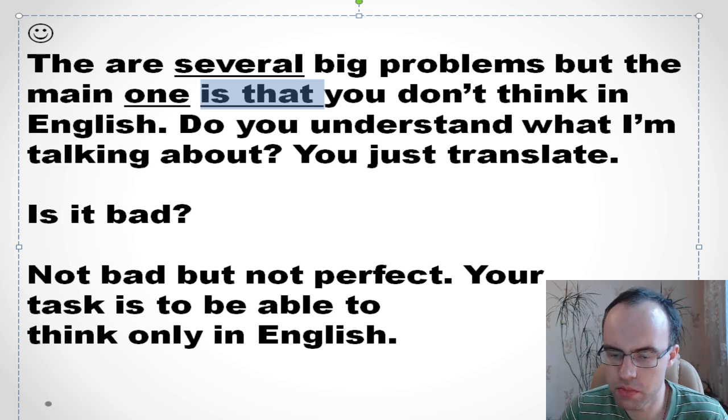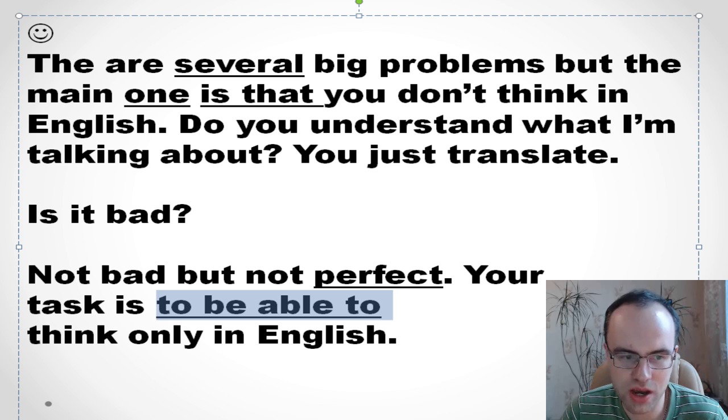Not bad, but not perfect. So it means but not very good. Okay, not excellent. Your task is to be able to think only in English. So to be able to think, it means that you need to think only in English. You should try to do it only in English, so without your mother tongue, okay?